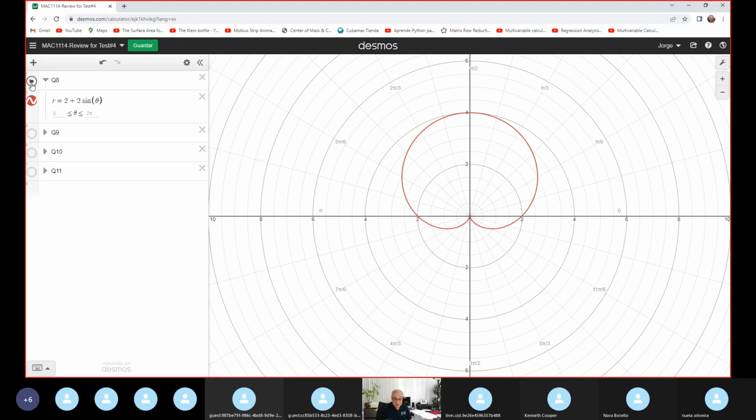But the problem is, suppose that you put in Desmos and you put something incorrect by mistake, and you get a completely different result. So you need to know what answer you expect. Immediately I identify that it is a cardioid that opens up. That's it.